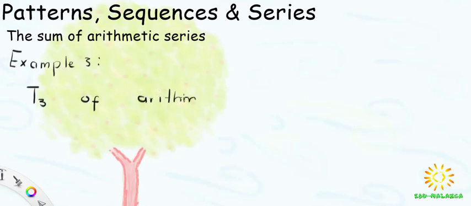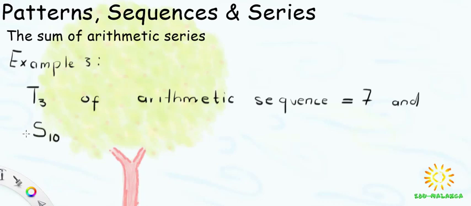So we're merging our knowledge of arithmetic sequences and series, which means when you sum up the first 10 terms of this arithmetic sequence, it is equal to 195. The question then is: determine the first 4 terms of the sequence.